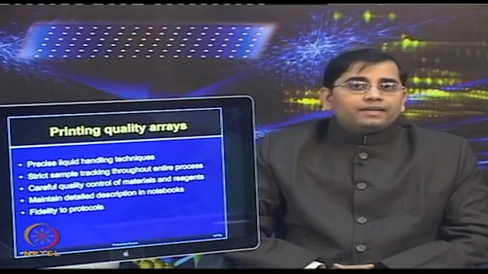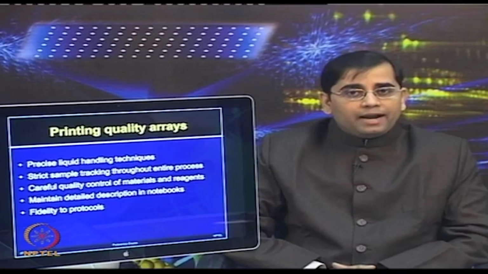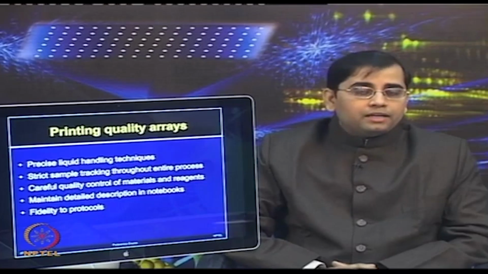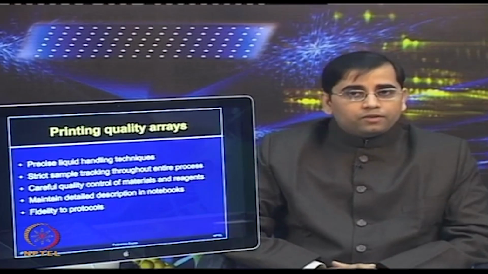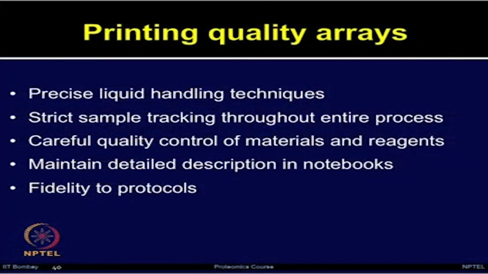Now, printing quality arrays is very useful. You need to have precise liquid handling systems. As I mentioned, each step can be automated for the same. You need to do very strict tracking of the entire process, so that you can troubleshoot if anything goes wrong.